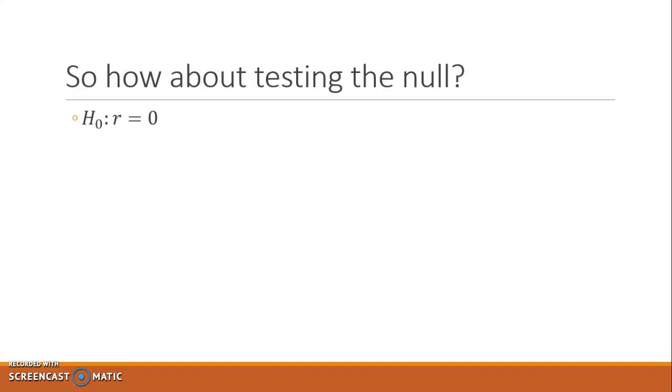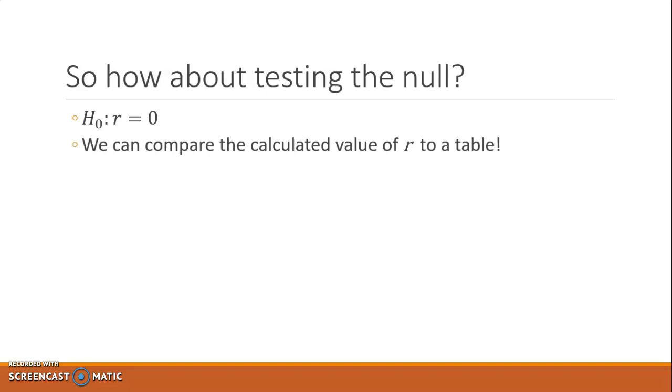And just like before, we have a table. There is a table in the back of the book, and there will be a table attached to the formulas, along with all the other tables that you might need. In this case, you basically look for, okay, what is our alpha? Is it 0.1, 0.05, 0.01? And then you do degrees of freedom. The degrees of freedom for a correlation is n minus 2, where n is the number of pairs.